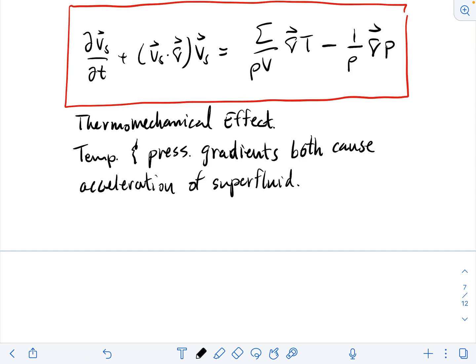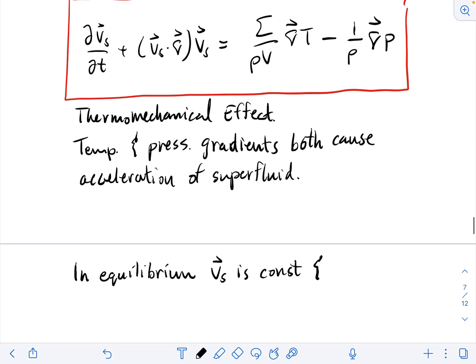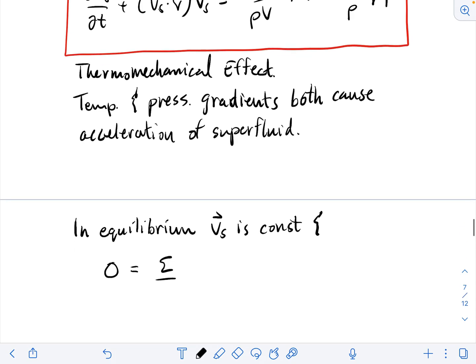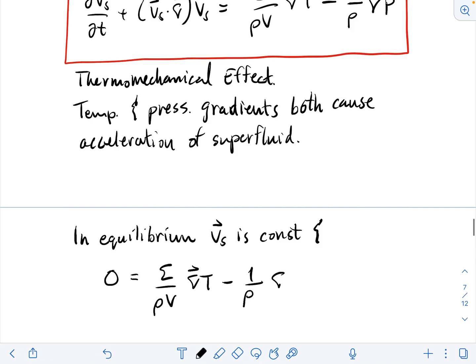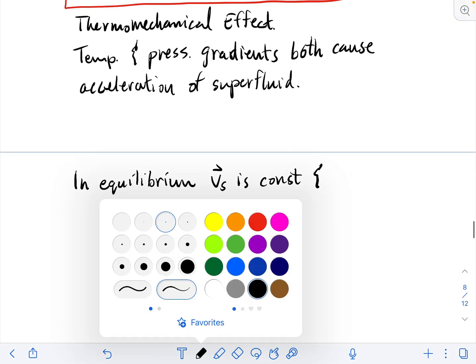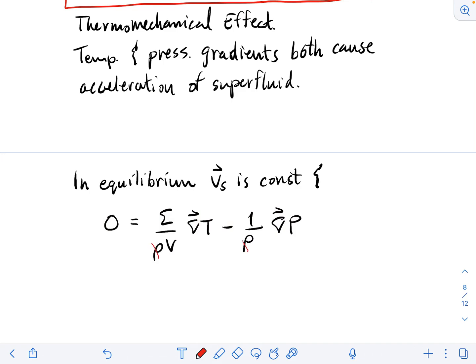So in equilibrium, vs is constant, and what we would have then, from our equation of motion, is 0 on the left-hand side equal to sigma over rho V gradient in temperature minus 1 over rho gradient in the pressure. And so what we can do is cancel the density on both sides.